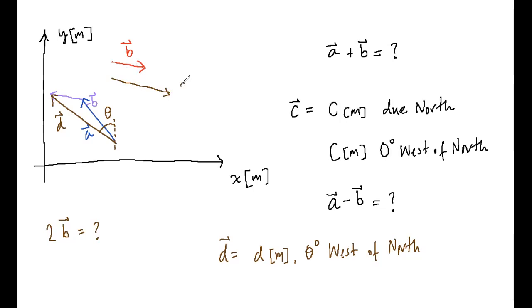So this right here is known as 2B. Or if this was a half, then it would be the same direction, but half as long, and so on. So hopefully now you've seen how to add, how to subtract, and how to multiply vectors by a scalar in 2 dimensions.